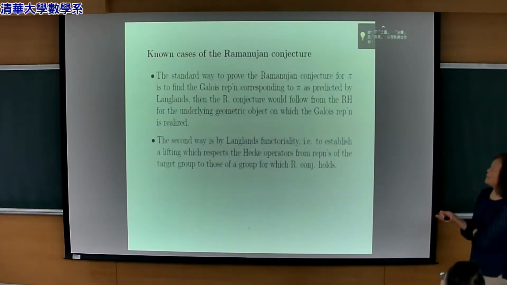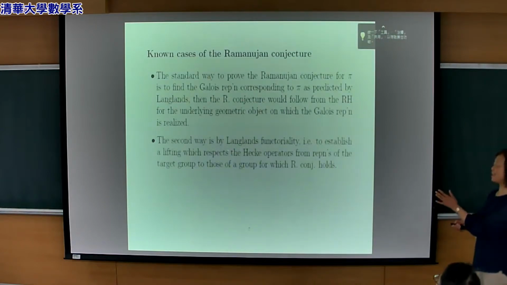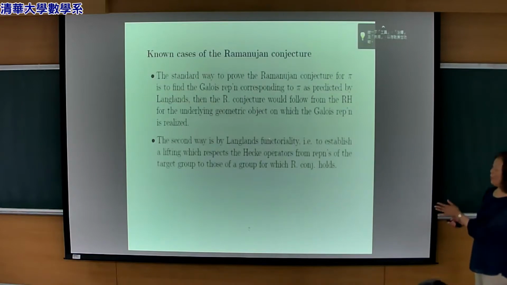This is sort of a piggyback on the first result. So if I have a group and a representation, and I want to prove that this particular representation satisfies the Ramanujan conjecture, my way is to find a second group for which I know that the Ramanujan conjecture holds.